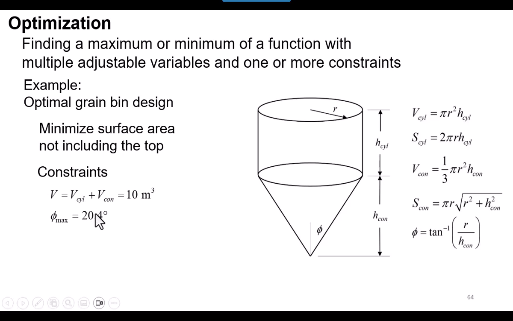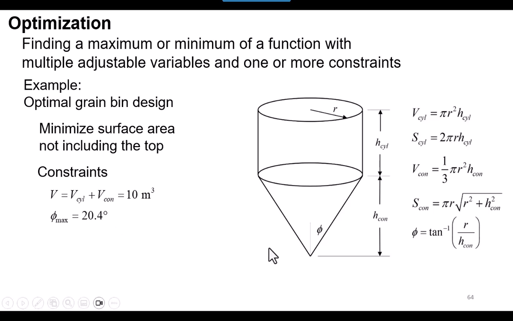And then we have constraints in that we want the overall bin size to be 10 cubic meter. And then we want the maximum angle here to be 20.4 degrees because this is an angle that relates to what's called the angle of repose of the solid material that's going to be flowing out of the bin.